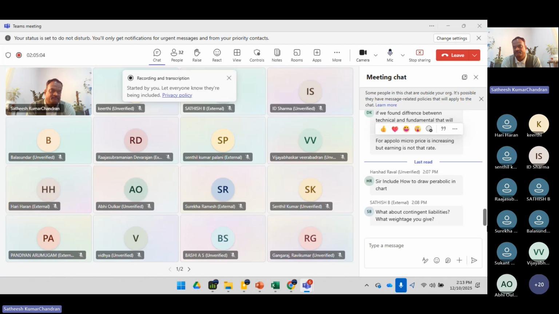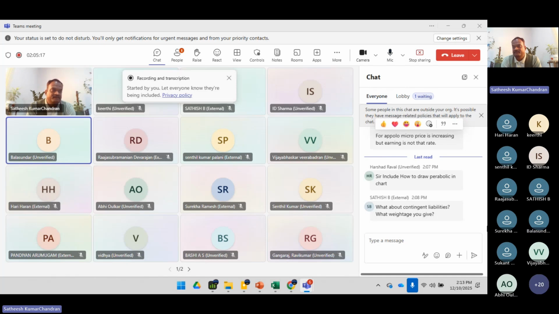For example, if we have to give 1 mark out of 100 marks: if debt to equity is less than 1, P ratio 20, sales growth 25%, profit growth 25%, and a reputed brand in a futuristic sector, we can ignore contingent liabilities. But if the other metrics are very bad, then we can look at contingent liabilities and give weightage like 10% or 20%, or even 20 marks out of 100. It depends.